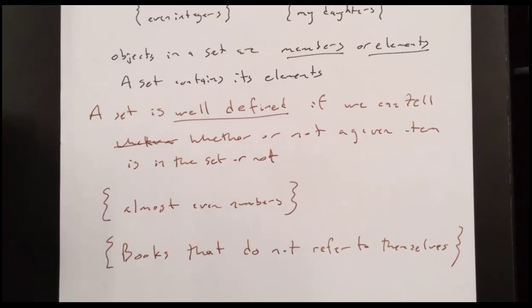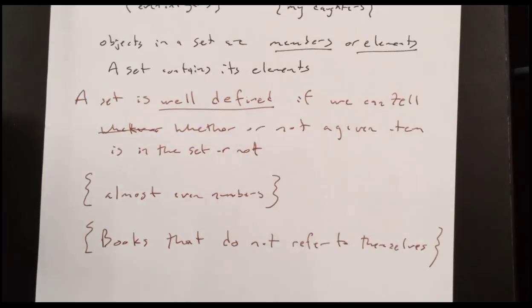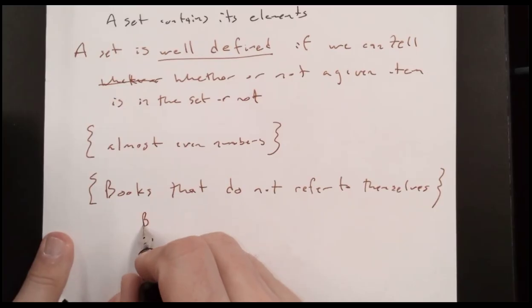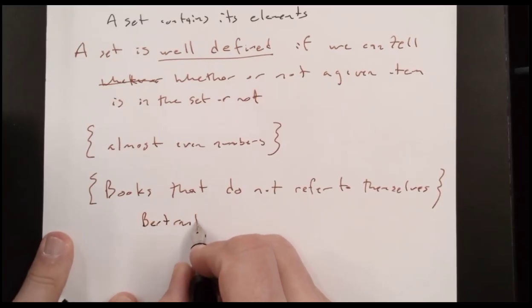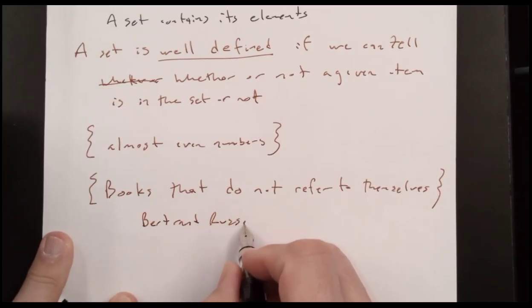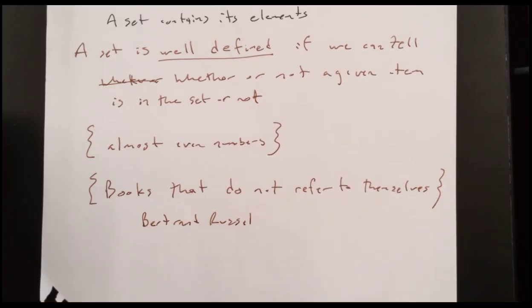So even when I have a good definition, I may still be unable to resolve this sort of paradox. This, by the way, is a variation of Russell's paradox, from Bertrand Russell.